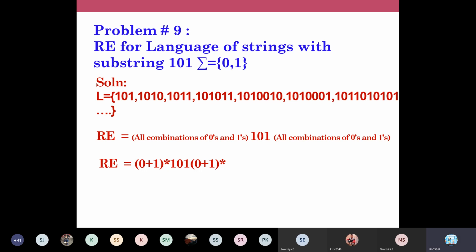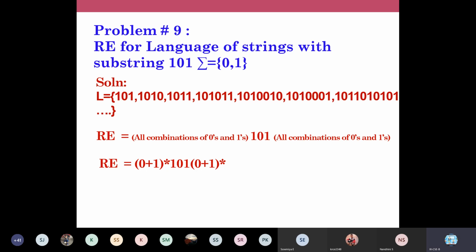L is equal to a substring, which means somewhere in between your string you must have the pattern 101, either in the beginning, in the end or in the middle. Somewhere you will have the sequence 101. That is your substring.